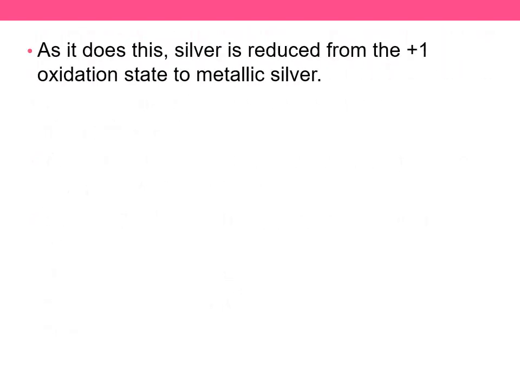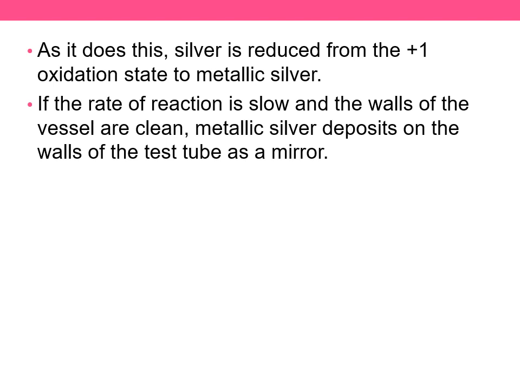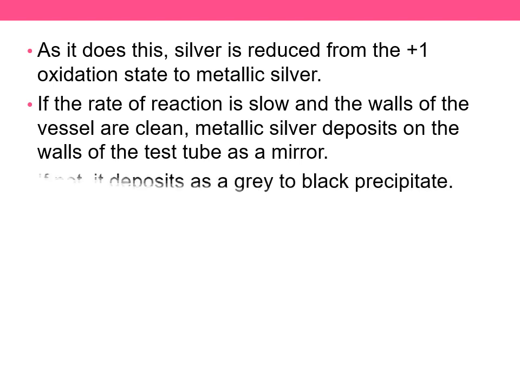When carboxylate anion is formed, silver is reduced to become its atom. If the rate of reaction is low enough and the walls of the test tube are clean enough, the silver solid is going to be deposited on the walls of the test tube as a mirror.